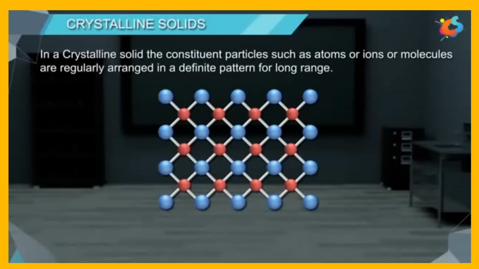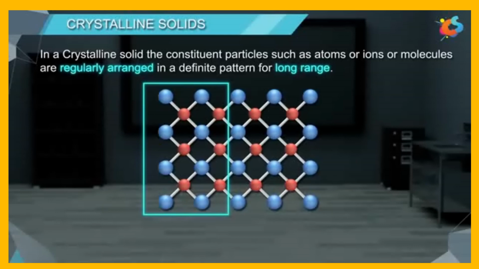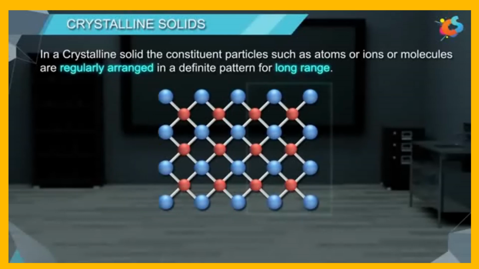In a crystalline solid, the constituent particles such as atoms, ions or molecules are regularly arranged in a definite pattern over a long range. Here, the arrangement is so regular that by just knowing the arrangement at any one site, we can very well predict the arrangement at other sites.